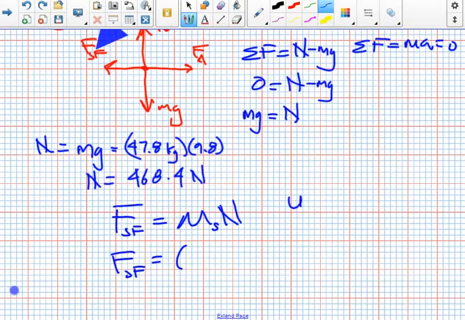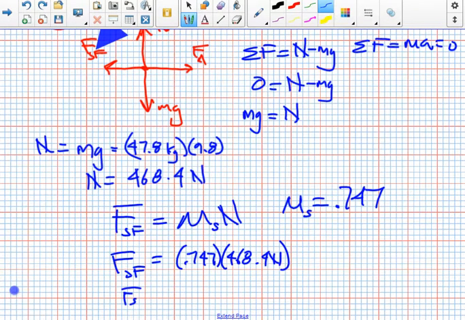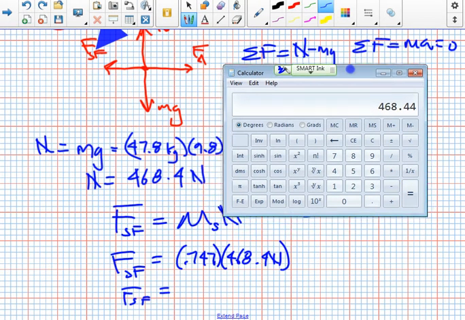That is the mu of static friction for this combination of materials, wooden crate on dock floor. Times the normal force, which is the 468.4 newtons.